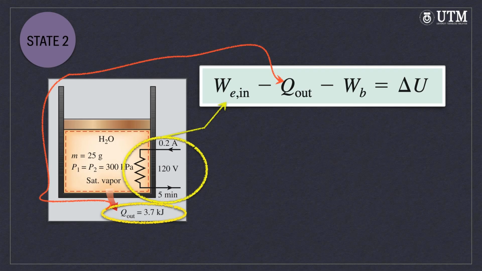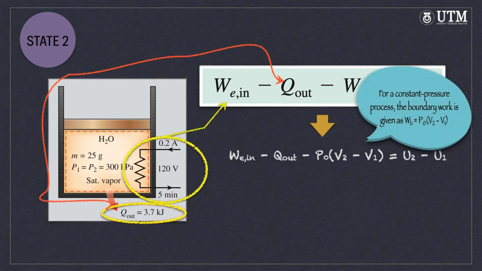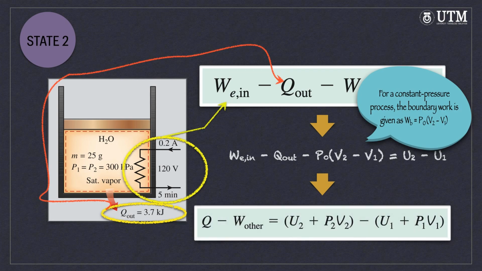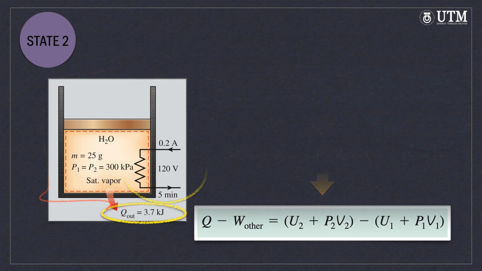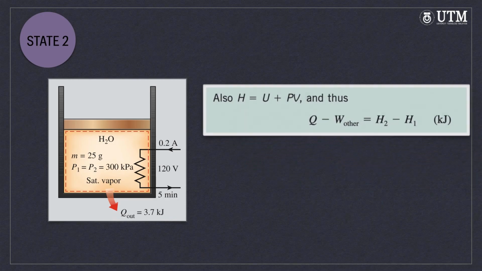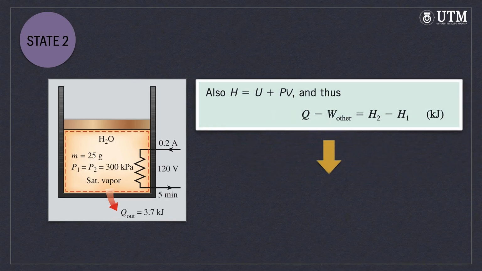For a constant pressure process, the boundary work is given as W boundary equals P multiplied by (V2 minus V1). Also, H equals U plus PV.